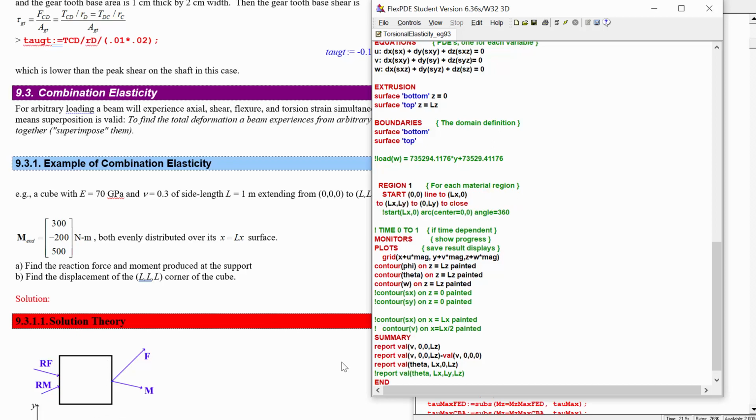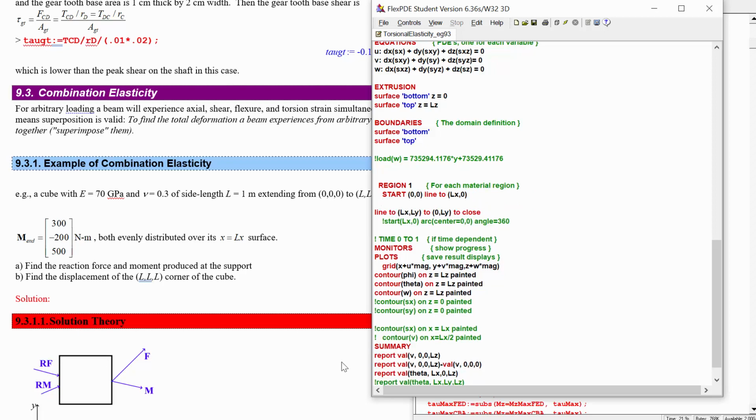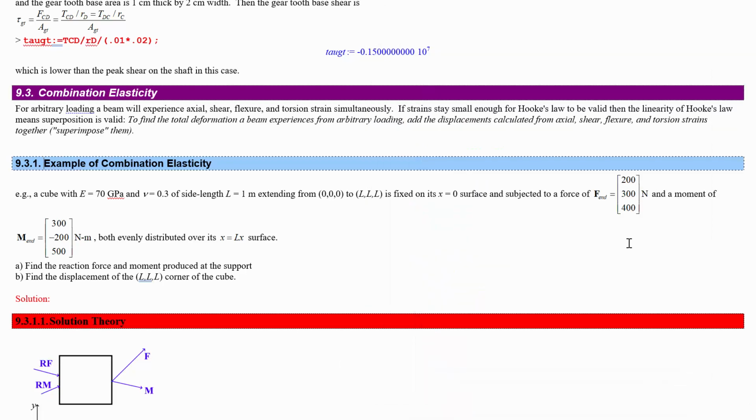So we'll stop here and we'll put in a new boundary condition. The boundary condition on this surface is going to be load boundary conditions on U, V, and W, which will make up the force and moment all applied on that surface. So we're going to have to do some work to figure out what that is.